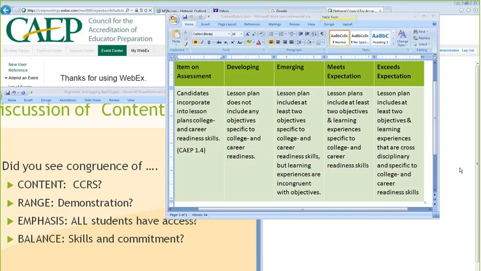We don't know if those objectives are reasonable or age appropriate or whatever. So there's room for improvement. But at least this is probably getting to commitment, because it is saying either candidates are not including these kinds of things in their lessons and aligning learning experiences with them. But it's not really getting at the demonstration or skills.